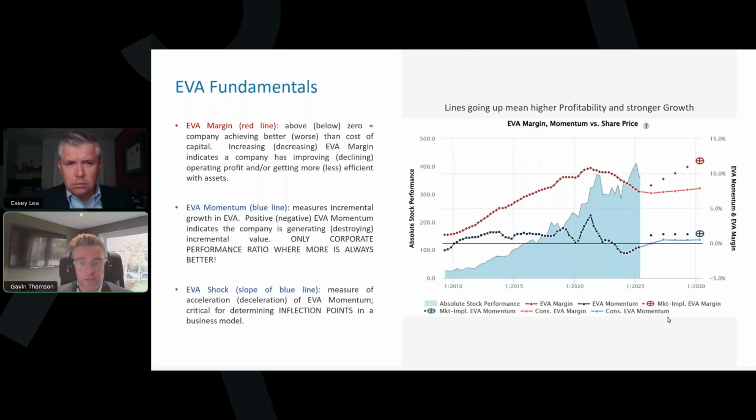So EVA consensus gives a view of what's out there in the sell side, and then the last one is looking at that crosshair, so those little circles talking about the 5-year window of EVA stream required to get back to today's share price. So this is where the DCF kind of aspect comes in.